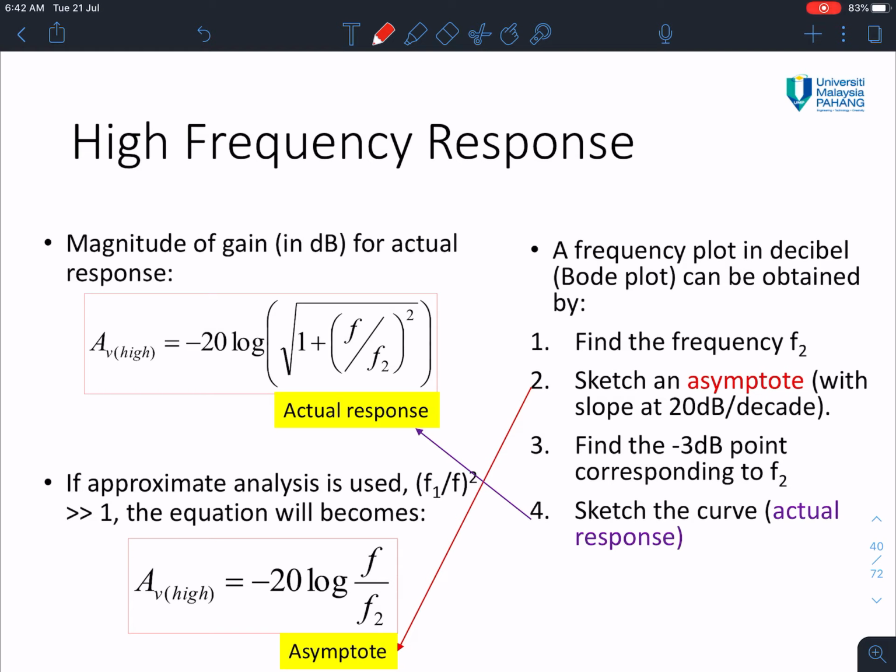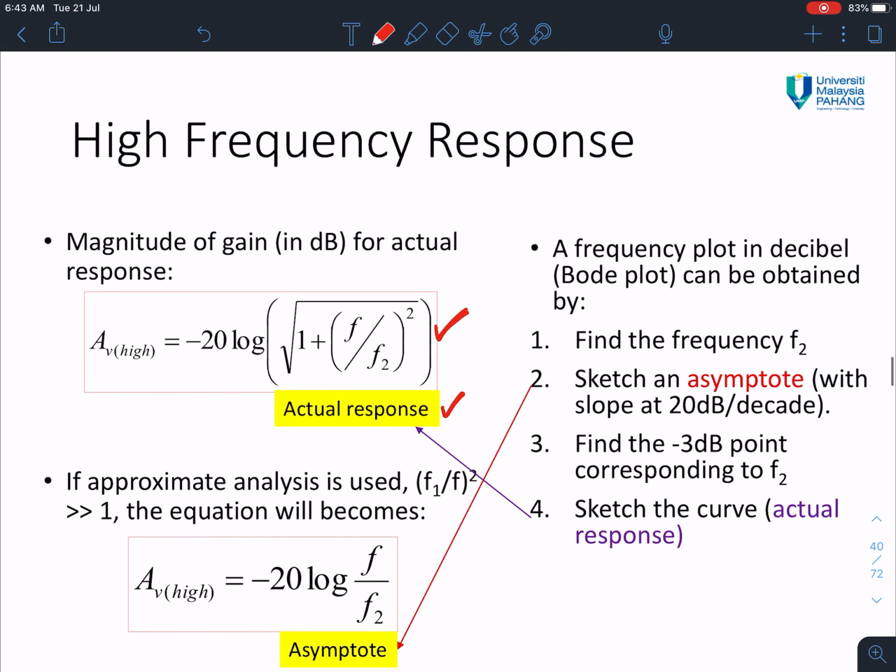For the curve, or the actual response, the equation is actually the same as the low frequency response. Can you see any difference from the previous low frequency response? All are the same: negative 20 multiplied with log of this. However, this F is different.